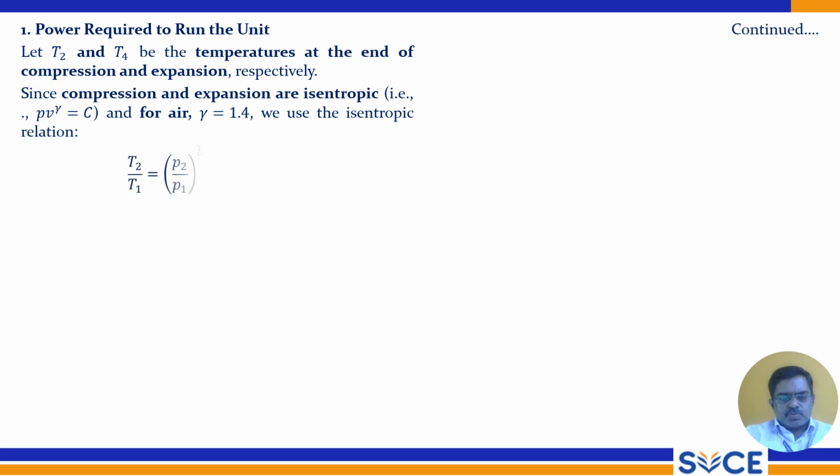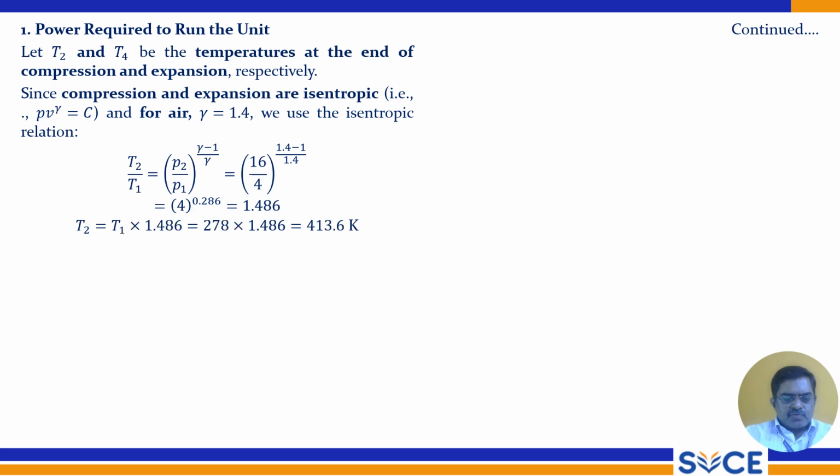We use the isentropic relation T2/T1 = (16/4)^((1.4-1)/1.4), that is the power, and 4 to the power 0.286, which is equal to 1.486. So from this we can find T2, and that becomes 413.6 Kelvin.